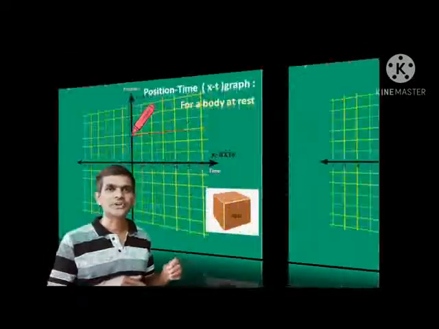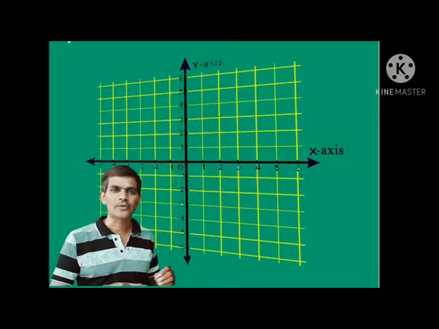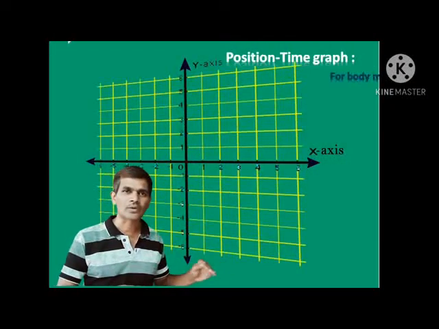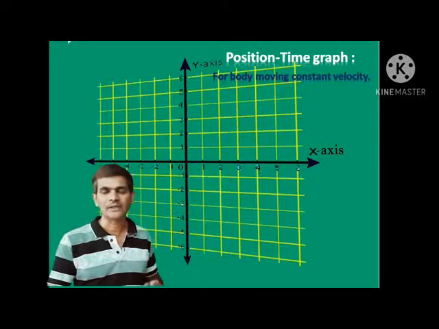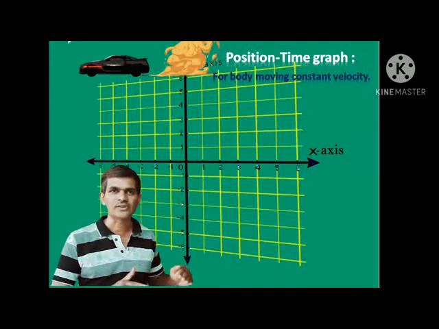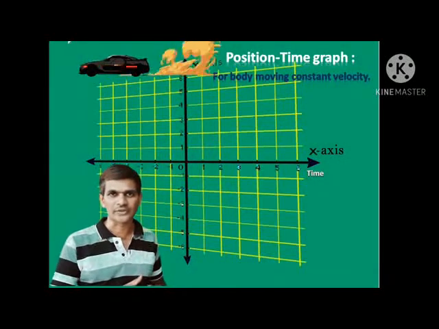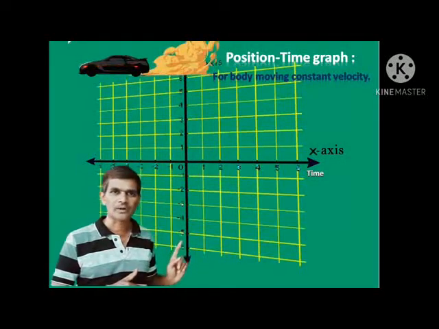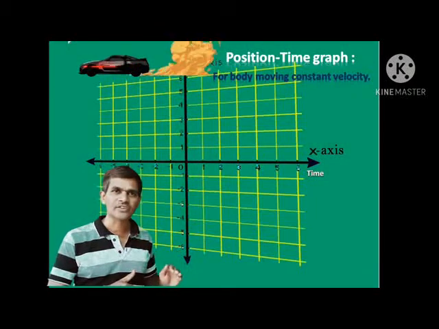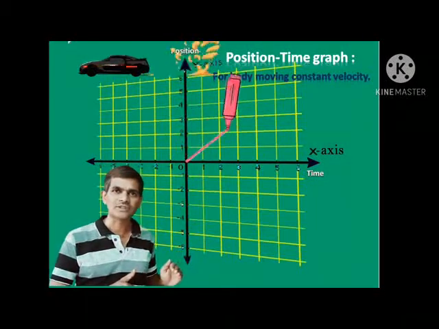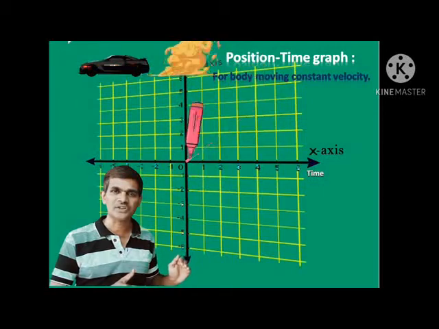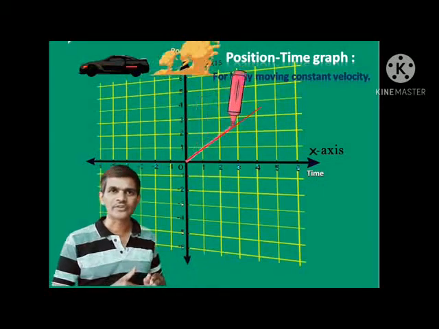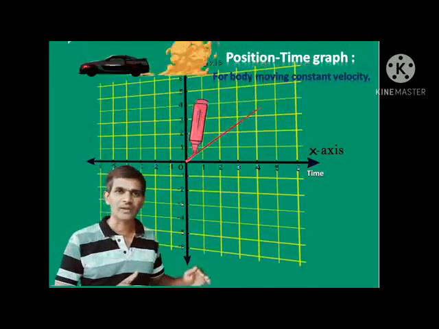Similarly, how do we draw the position time graph for a body moving with a uniform or constant velocity? As in the figure, the position of the body is changing, but the rate of change of position remains constant because the body is moving with uniform velocity.